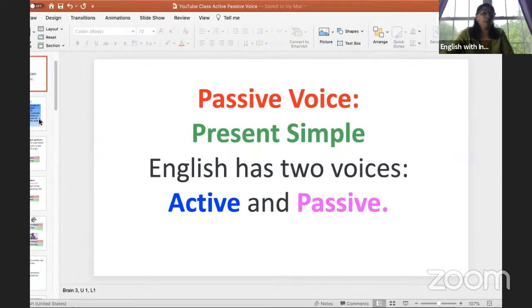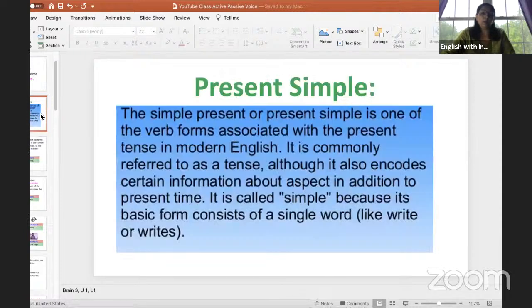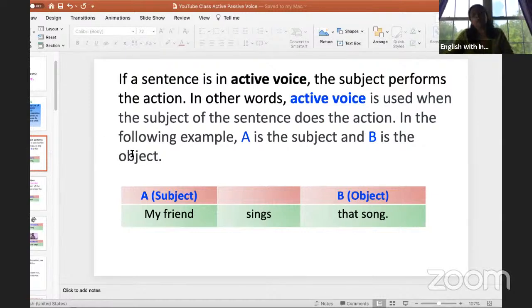Now, I'm sure you all know the present simple is where you use the present forms, right? And most of the time when we talk about present simple, we use is and are, the be verb. Okay, so if a sentence is in active voice, the subject performs the action.